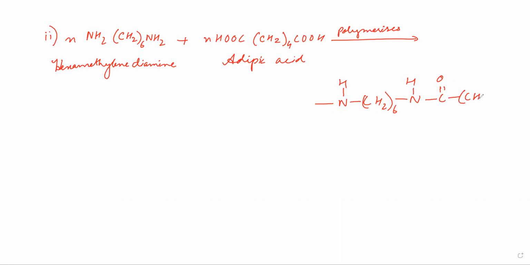Now how did we get it? We are going to do this particular reaction later in the chapter. Just remember that we are getting a polymer which is known as nylon 66. Have you seen nylon cloth? I think everybody has seen nylon cloth.